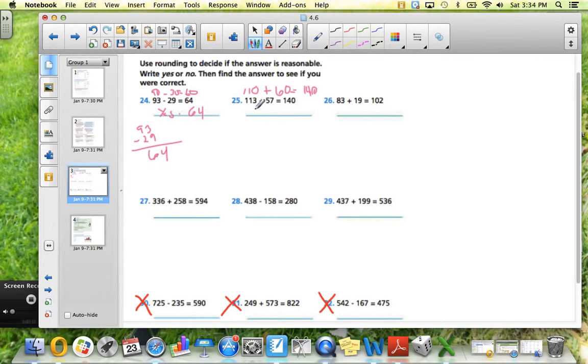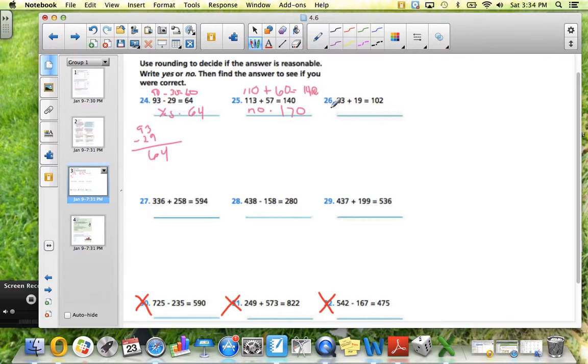That does not seem reasonable, so I'm going to write no. And then I'm going to add 113 plus 57 to find my answer is 170. And when you're solving these addition problems, because you're going to do these ones on your own, and subtraction, I want to see your work. Don't erase it. I don't know why you guys do that. I want to see your beautiful little work and how your minds work.